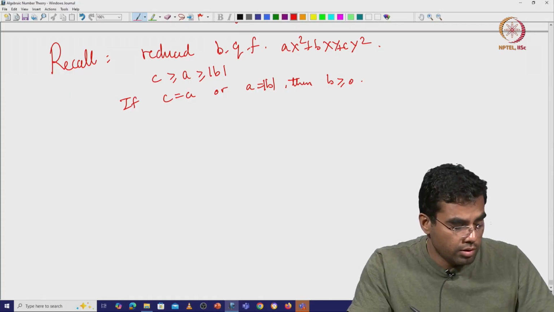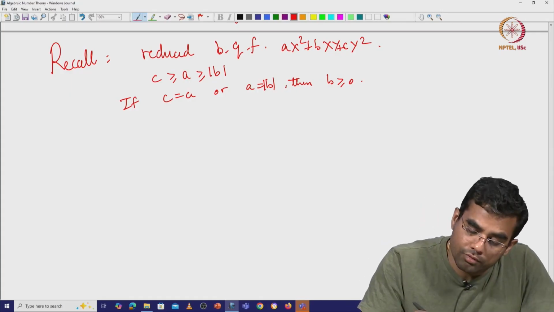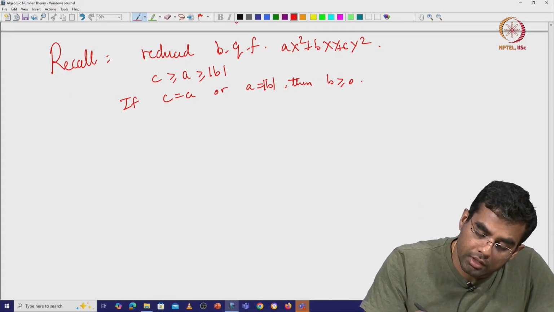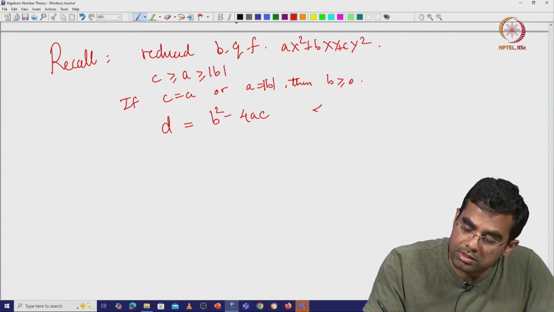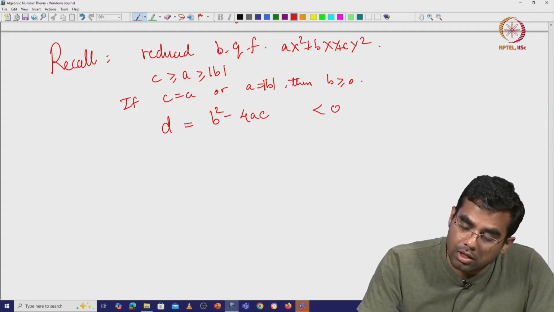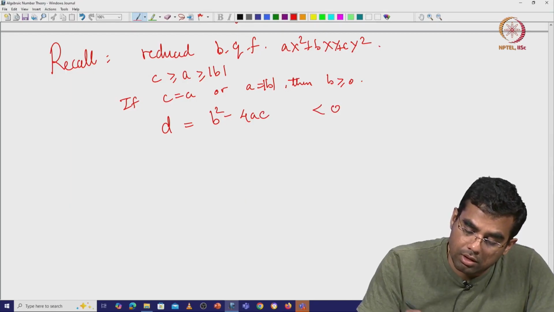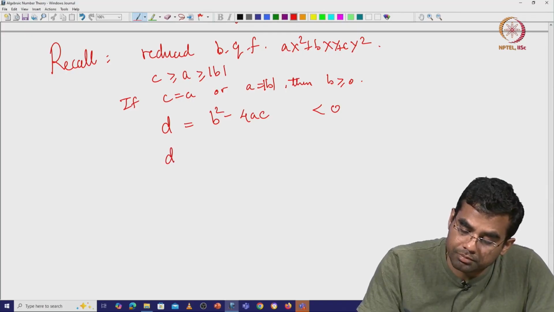So, that is what a reduced binary quadratic form is. I think we did prove this, but anyway let me go over it. d is the discriminant, b squared minus 4ac, which is less than 0.